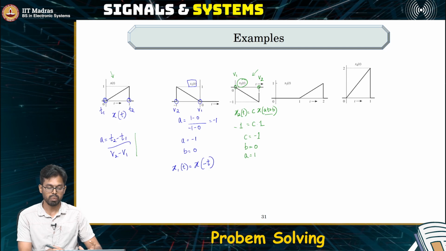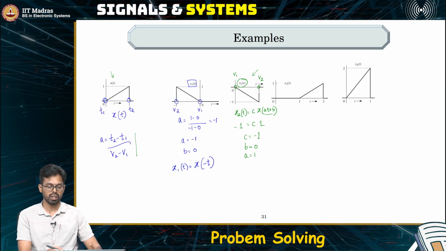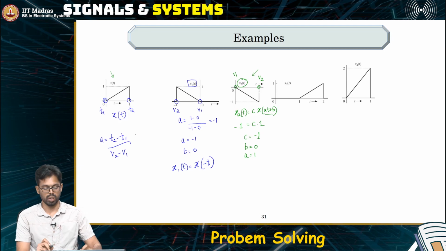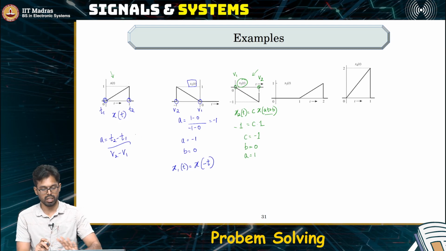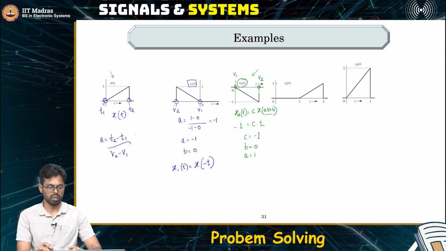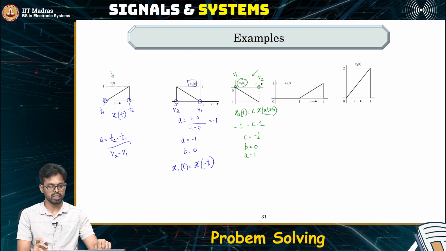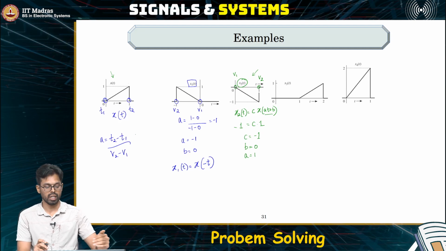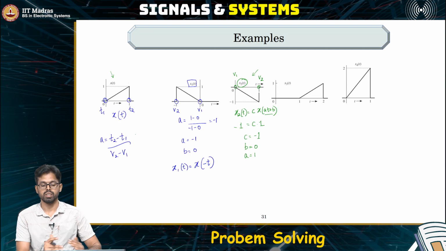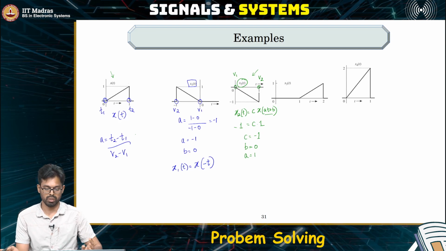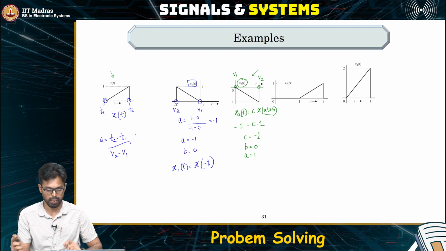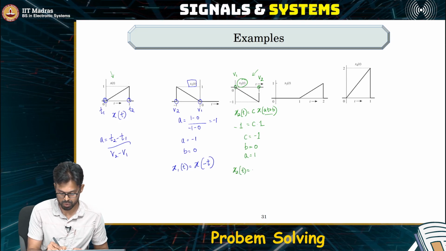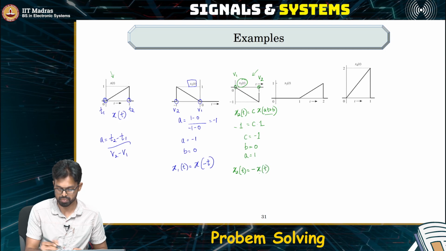If you are getting 0 by 0 form, then you have to keep in mind that nothing has changed, so it has to actually be equal to 1. So if you get 0 by 0, don't say that it is indeterminate or infinity or anything. It means that T1 is same as V1, and T2 is same as V2, which means there has been no scaling whatsoever. So A is just equal to 1. Okay. So in other words, here we have x2 of t to be equal to just minus of x of t.